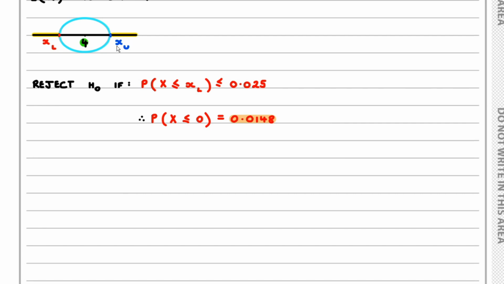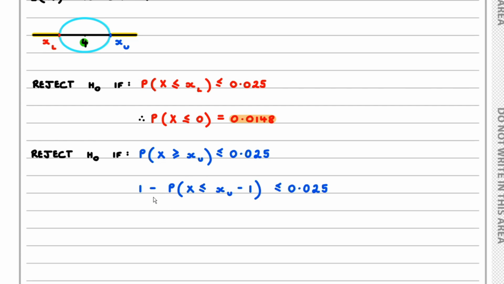Let's now focus on this side. We can reject H0 if the probability of x being greater than or equal to x upper is less than or equal to 0.025, and rewriting the left hand side, we would have 1 subtract the probability of x being less than or equal to x upper subtract 1 being less than or equal to 0.025.